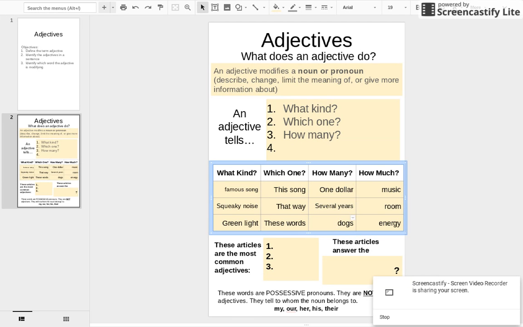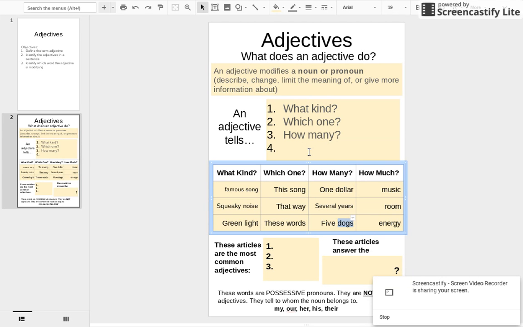It looks like there's 5 dogs in the dog park today. So 1 is an adjective describing how many of this noun there are, how many dollars there are. Several is an adjective describing how many years, which is a noun. And 5 is an adjective telling us how many dogs were in the dog park.